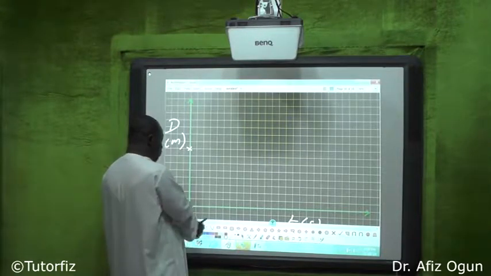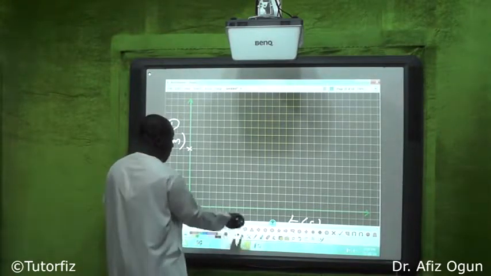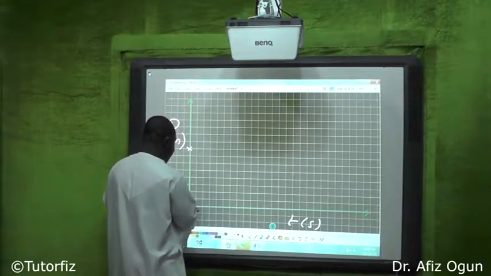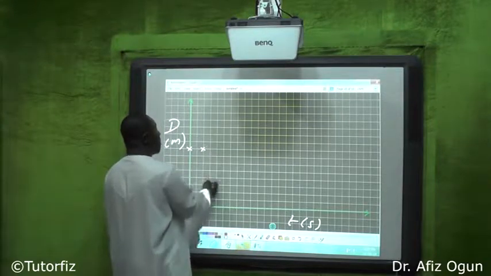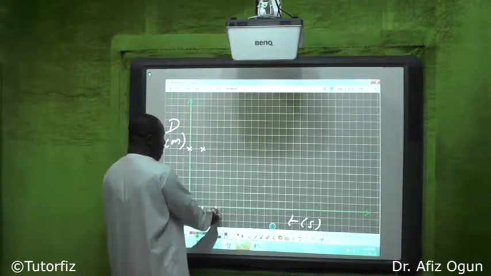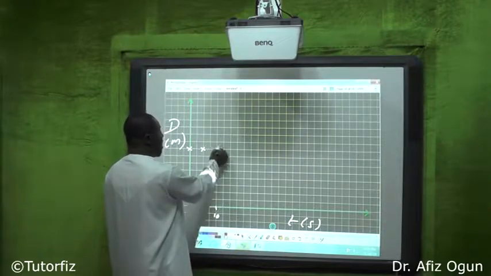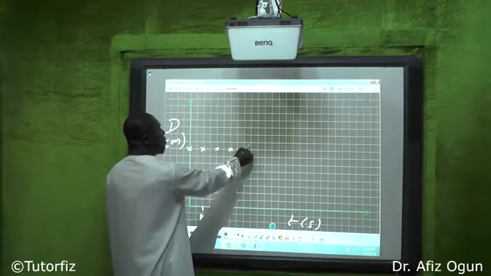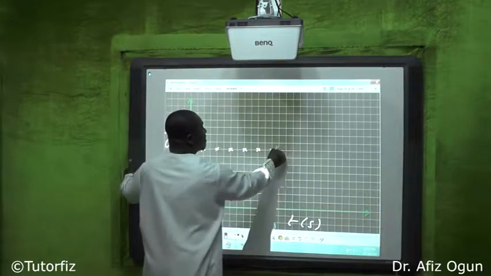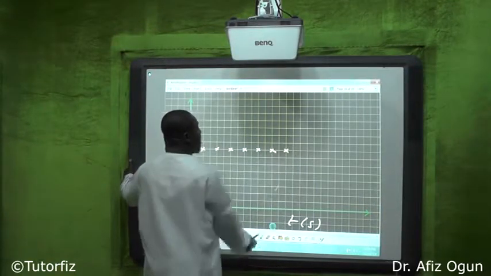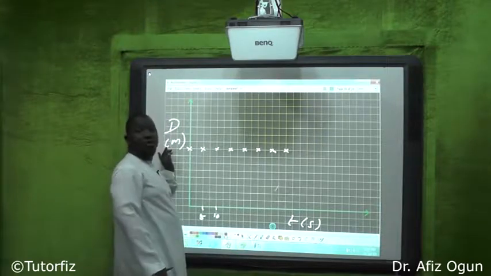At time t equals to 0, I call you. Again, at time t equals to 5 seconds, I call you. I am still there, teacher. Every 5 seconds I call you, you are still there. If you are there, your distance is not increasing, but time is increasing. It means you are at rest.